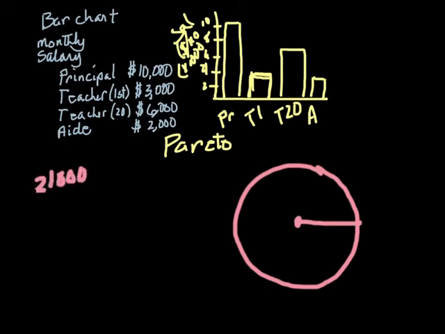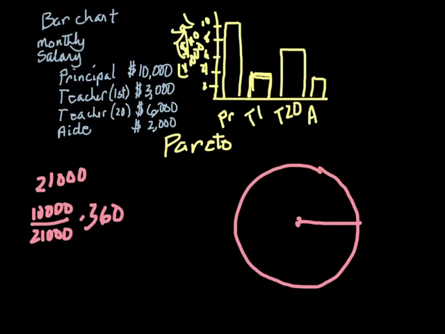And what I do is I take each one of those, take the 10,000, divide it by 21,000, and to convert it to degrees, I multiply it times 360. In other words, the fraction gives me the percentage, and to get the degrees, I multiply by 360. So go ahead and do that for each part of the pie chart, and come back and see if you did it right.